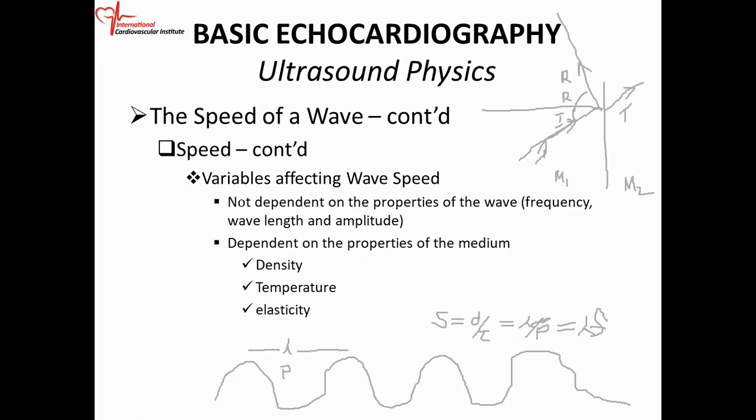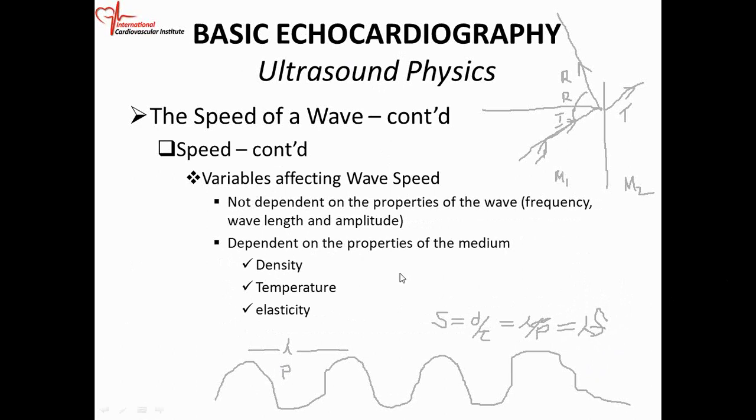Okay. So this concept, what I'm getting into now, is a very important one. This is a very simple concept, but it's important. So the speed, we already gave you the speed formula, the wave formula. Speed is equal to lambda times f.